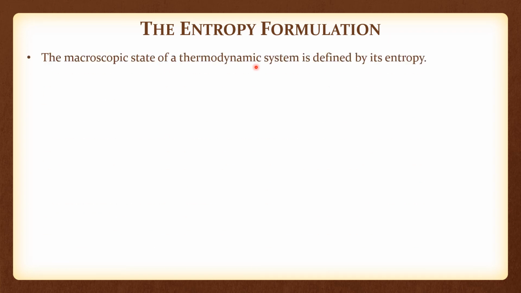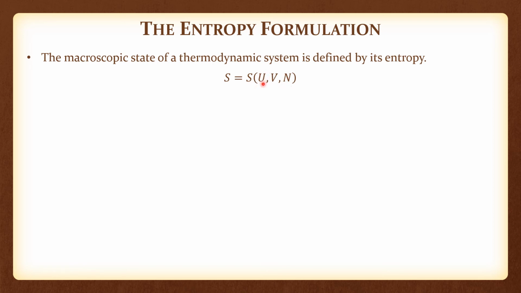So we start with the entropy formulation, where the macroscopic state of a thermodynamic system is defined by its entropy, which means S is a function of various independent variables. We choose three variables.